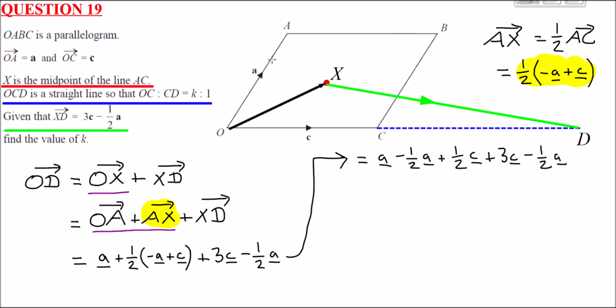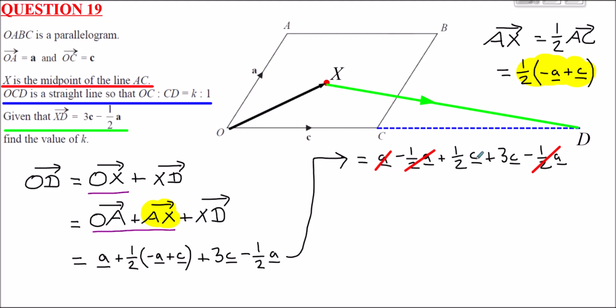So I've got an A here, but if I take away half of an A and then take away another half of an A, I've got no A's left. So the A's cancel, which is what you'd expect because A is going upwards. From O to D is a straight line, so it should just be along this vector C, which it is.